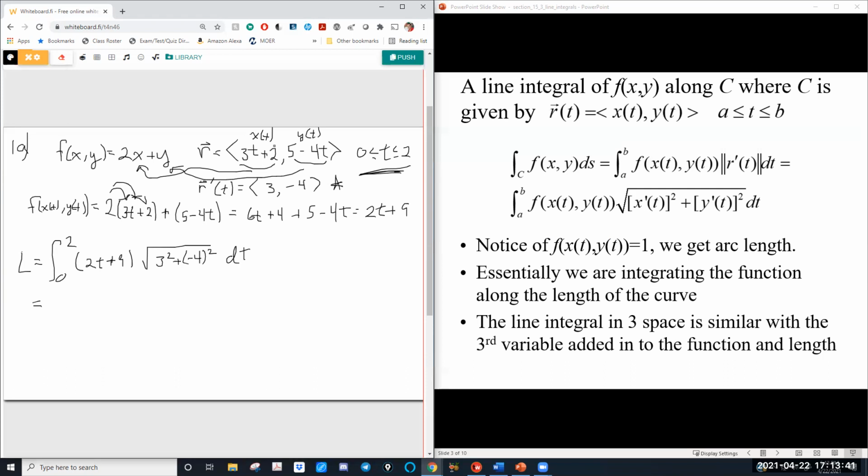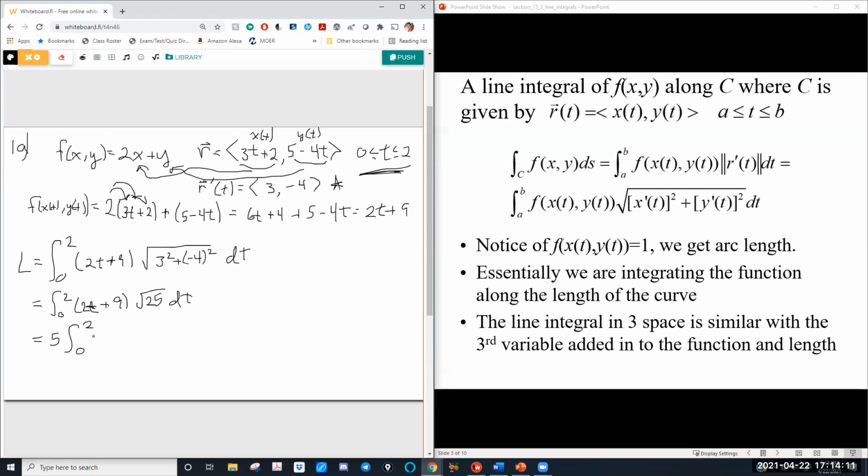Now, depending on what our position vector is and our function, these could get messy as far as integrals, but I think setting it up isn't too bad. This one actually simplifies pretty nice. I'm only going to simplify it. I'm not going to go ahead and solve it just for time's sake, because it's a pretty basic integral once we get done, because right here you end up with rad 25, which is just 5, which we can actually pull out of the integral.